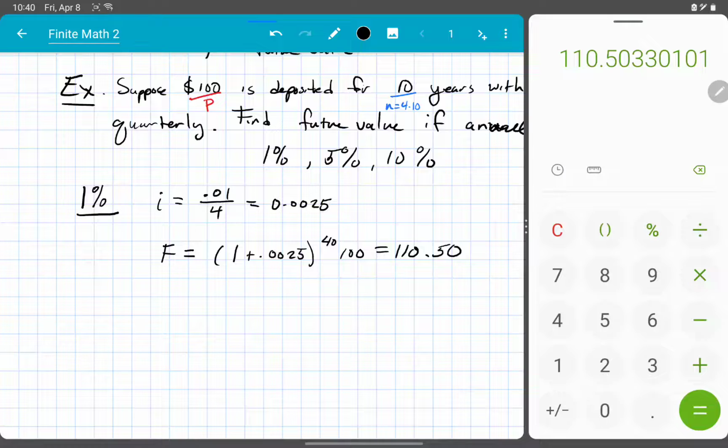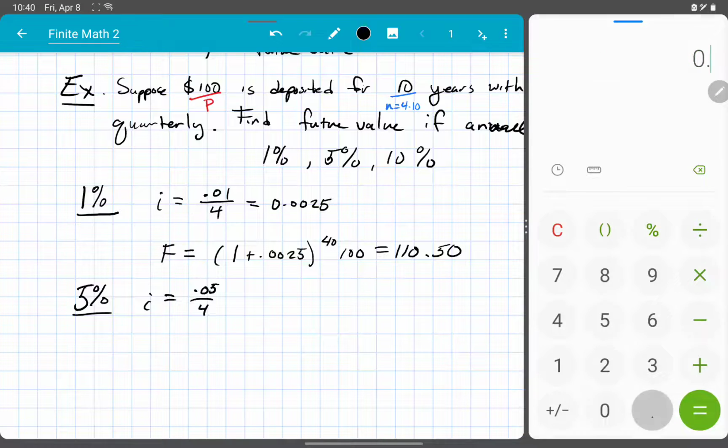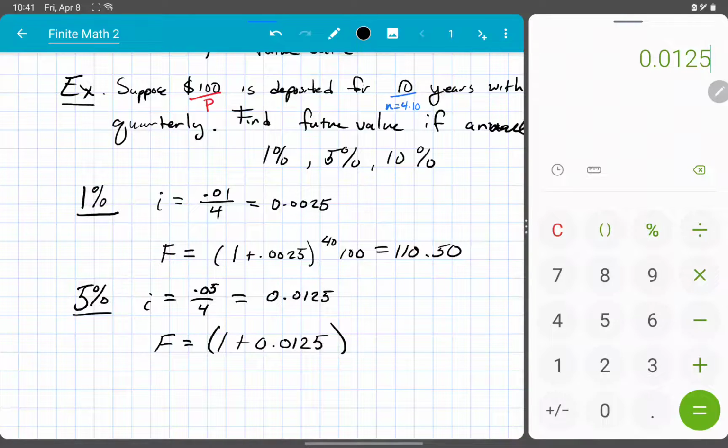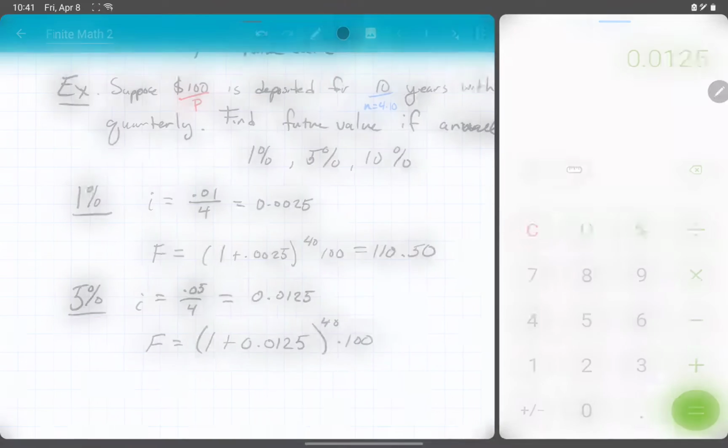Questions about that one? Are we ready to do 5% and 10%? Does this look right? This is okay? Okay, 5%. Now I is going to be 0.05 divided by 4. This is 0.0125. So the future value is going to be (1 plus 0.0125) raised to the 40th power times 100. Okay. Now I must make my calculator larger so I can get the good stuff.